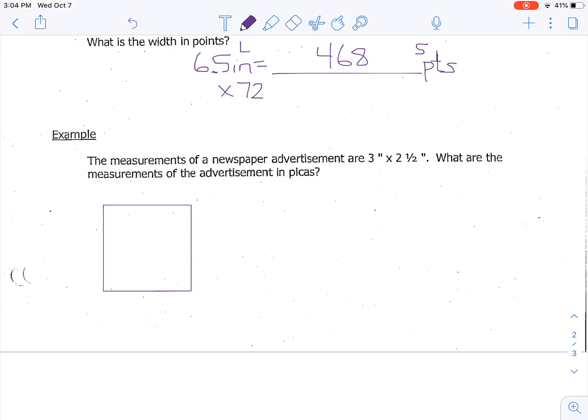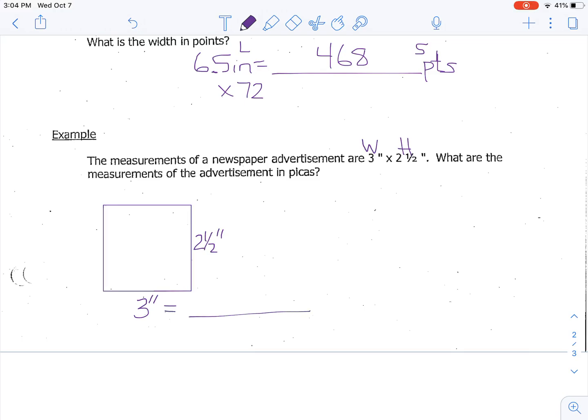Whenever you see a measurement like this, the width is always first, and then the height, or the length of it, depending on which way you want to say it. So the 3 inches would be going this way, and the 2.5 is going up and down on our advertisement.